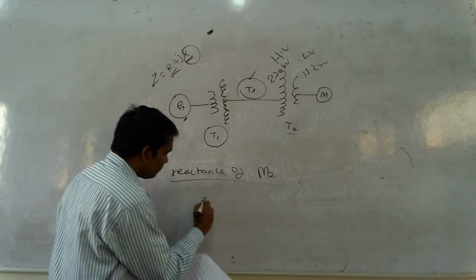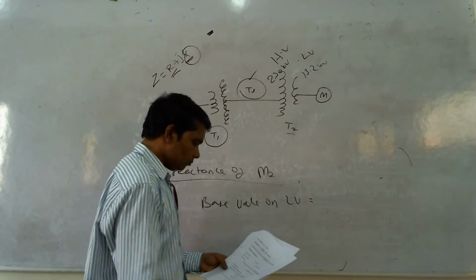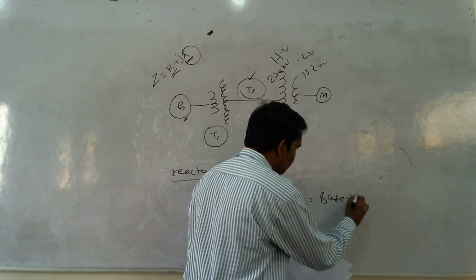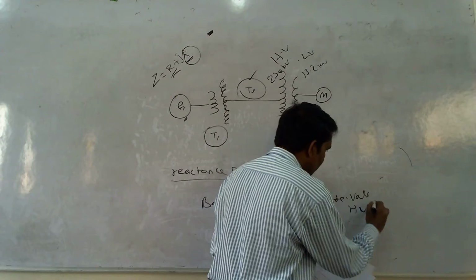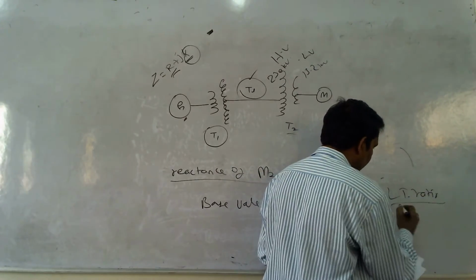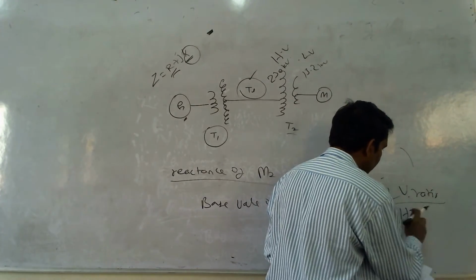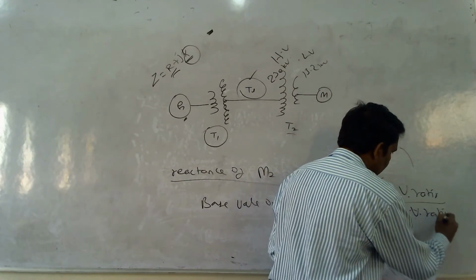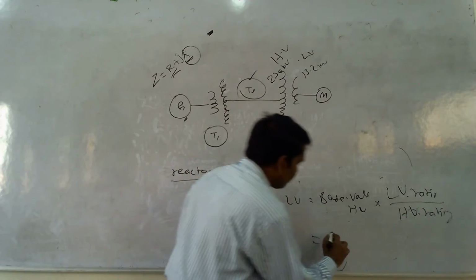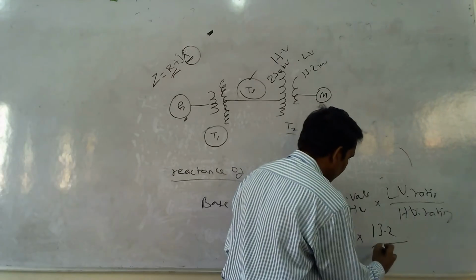So it is the base value of the high voltage side, multiplied by the low voltage side rating divided by the high voltage side rating. The base value of the high voltage side is how much? 230, and low voltage side 13.2, high voltage side 230.